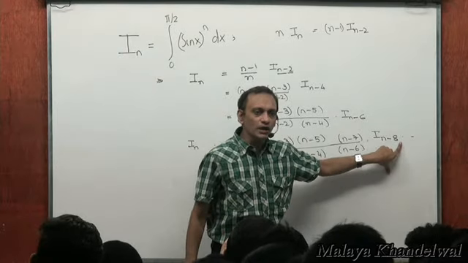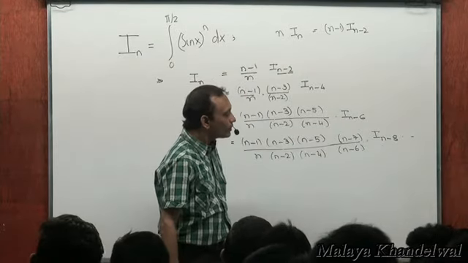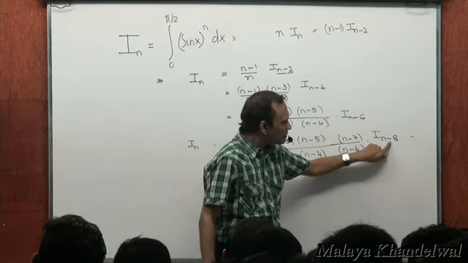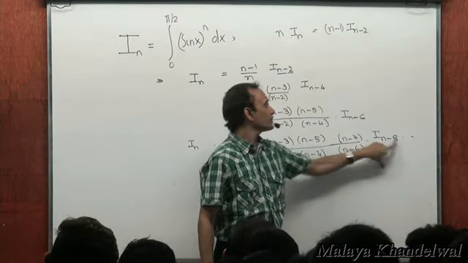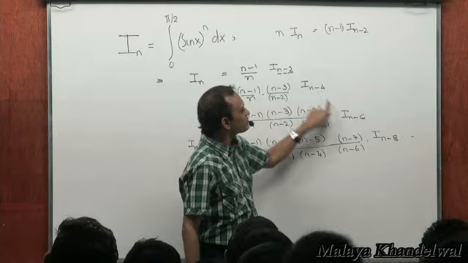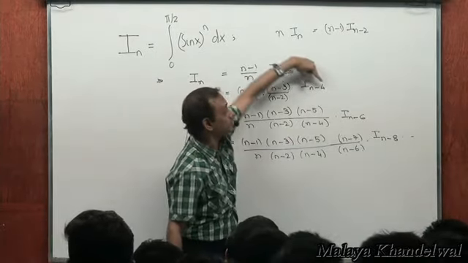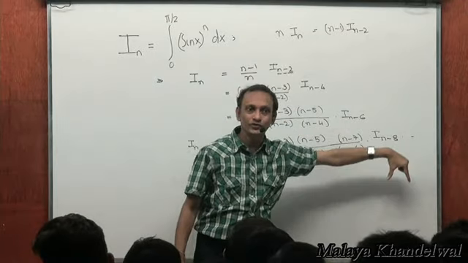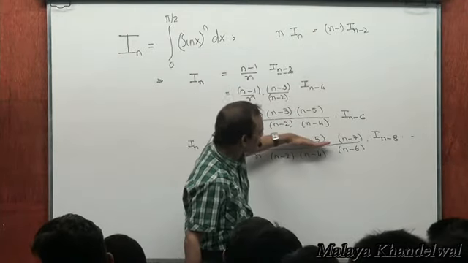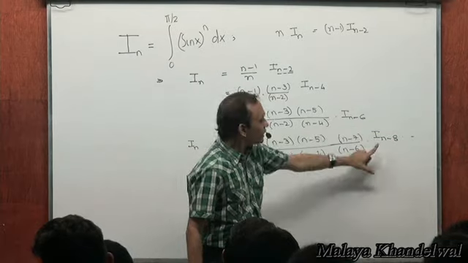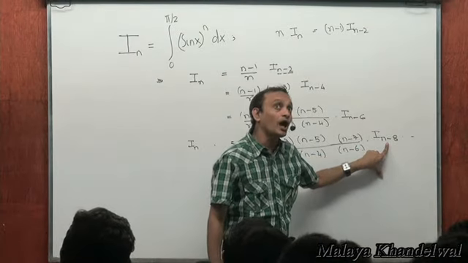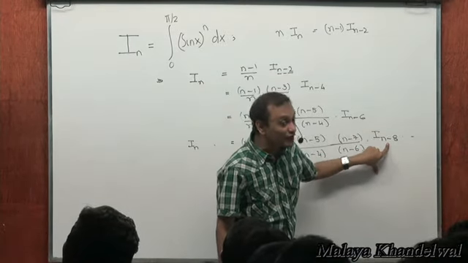Now if I keep reducing the index, realize that I_(n minus 2), I_(n minus 4), I_(n minus 6), I_(n minus 8) will also have the same parity in terms of their subscripts, because they differ by 2. That means if I keep producing this chain, then the last member of the chain will either be I0 or I1.